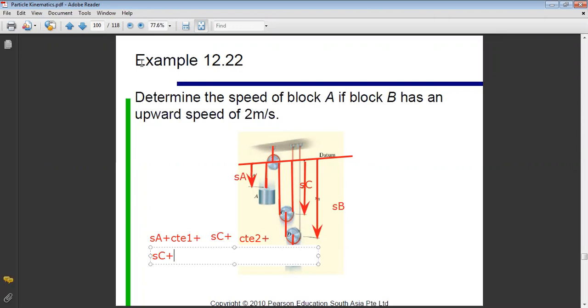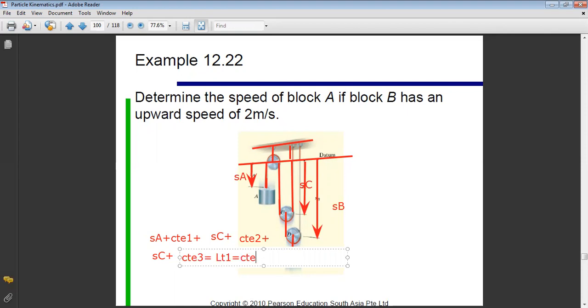Now you can also add this part, but this part is a constant because it's separating the ceiling, which is fixed, from the datum line, which is passing by the center of the fixed pulley. So this is a constant length, if you call it H, for example, or we can just say plus constant 3, equals the total length L total of chord 1, which is also a constant.